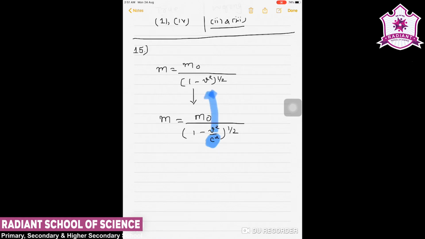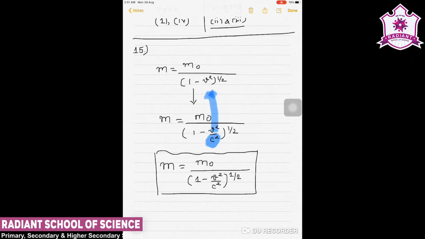So this c is replaced, and therefore we have written that equation m is equals to m0 over 1 minus v square over c square. So see, here these dimensions cancel out each other and this term becomes as it should be. So this is the correct true equation for the rest mass as per Einstein's equation.